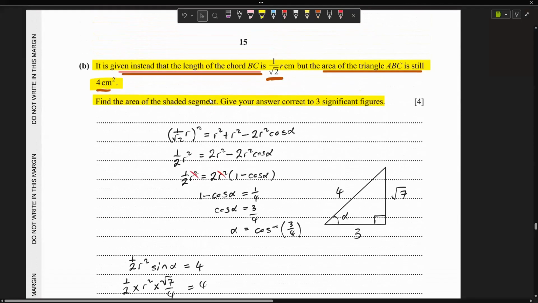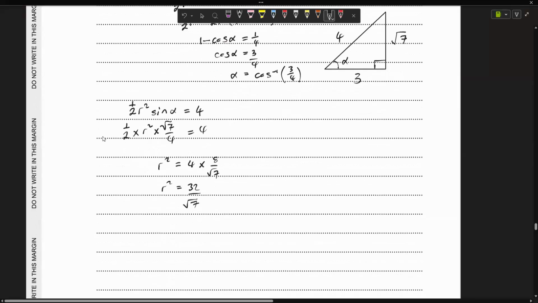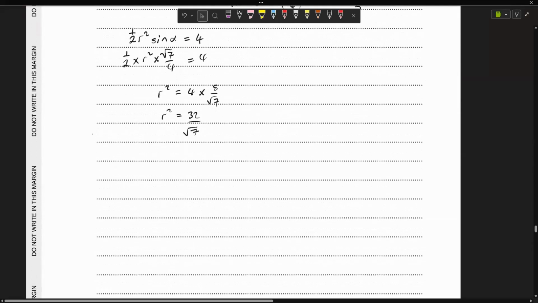And now, what do they want? They say we should find the area of the shaded segment. So, like I said, the area of the segment can be found by the formula half r squared of theta minus sine theta.